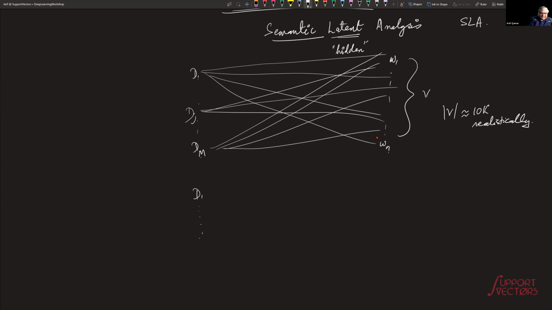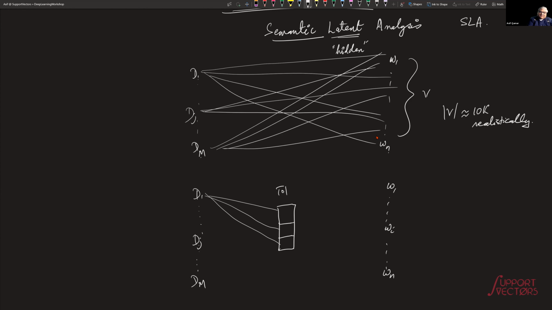So what you have instead is documents DJ, DM, and then you have the words W1, WI, WN, and what you have is a small number of topics, let's say 3 of these. And so what happens is that each document has a certain degree of each topic.